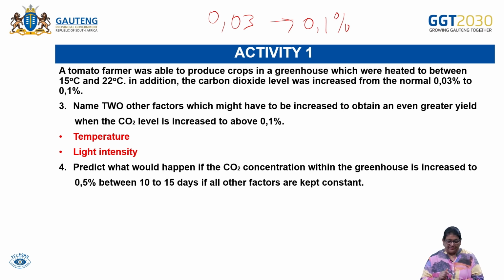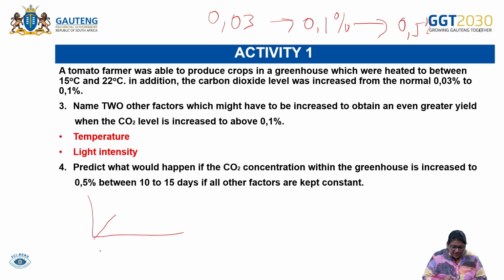All right. Now predict what would happen if the CO2 concentration within the greenhouse is increased to 0.5 between 10 to 15 days if all other factors are kept constant. Now, if we're going to constantly increase CO2 from 0.03 to 0.1, we saw photosynthesis is going to increase. If it now goes to 0.5, photosynthesis will increase, but then it's going to slow down. So it's going to look like this in a graph.